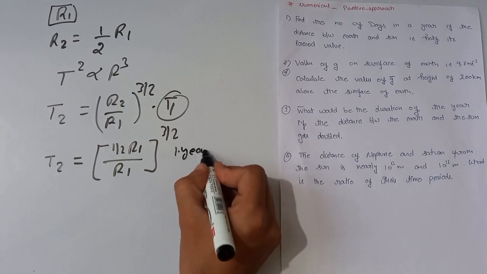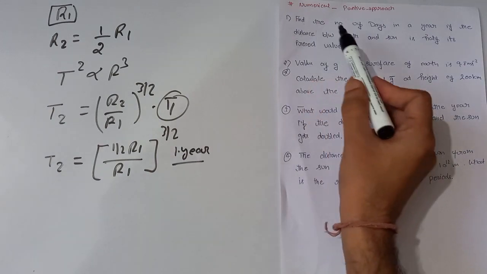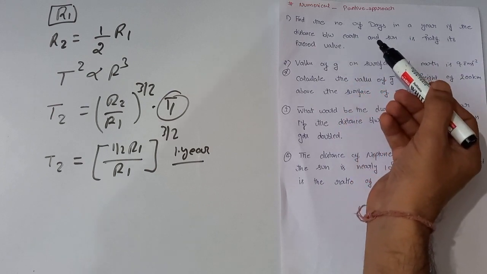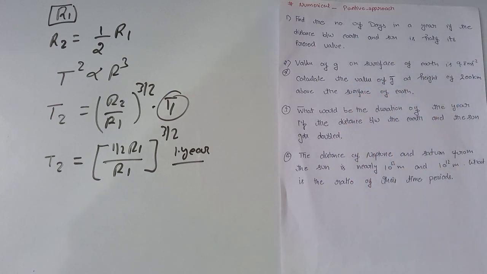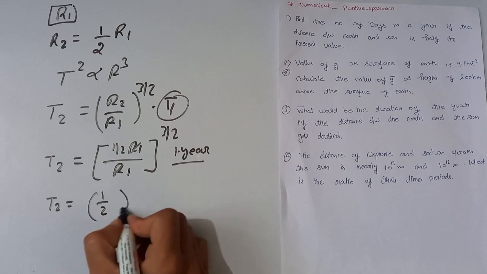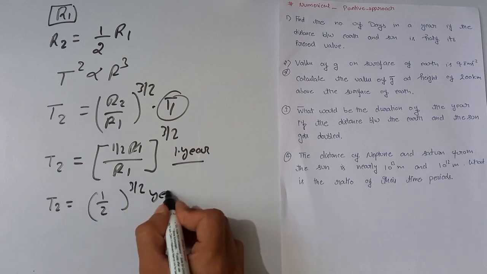So T2 is (1/2) raised to the power 3/2 year.